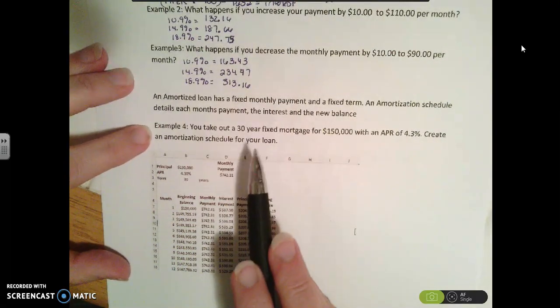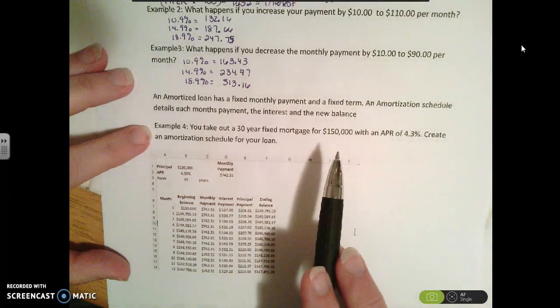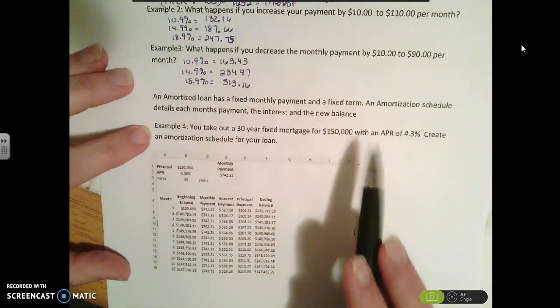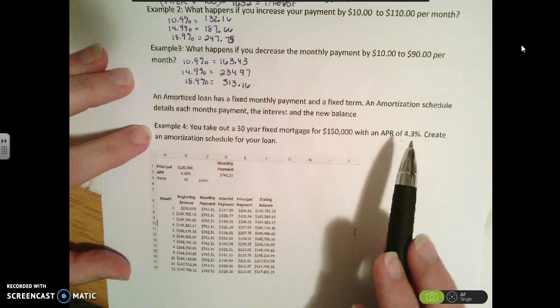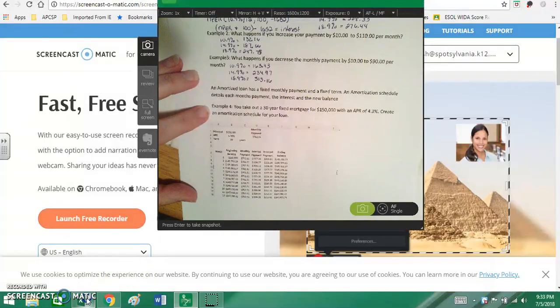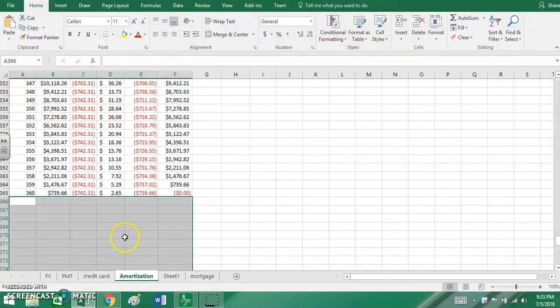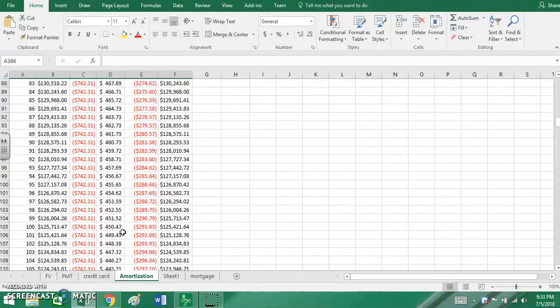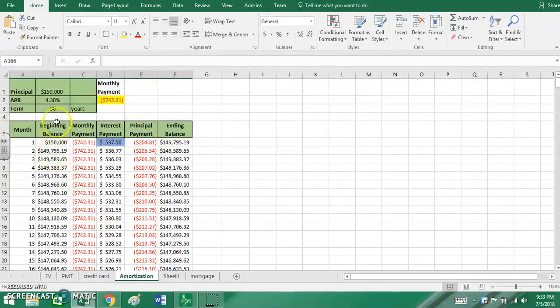So let's say I have a 30-year fixed mortgage for $150,000, and my rate on my fixed mortgage is 4.3%. So we're going to look at an amortization schedule for that. So we're going back to that spreadsheet again, and so here I have my $150,000, 4.3%.